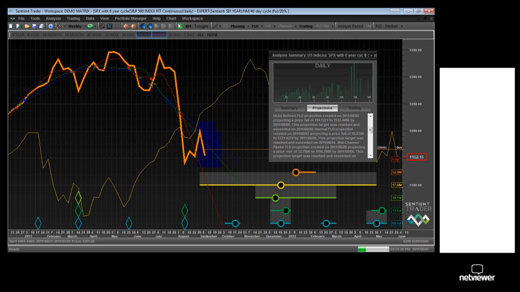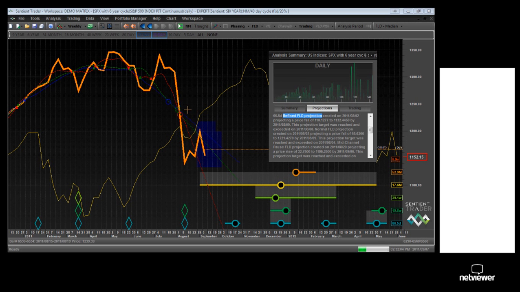You can see here that where the intersections of the 3 triad lines cluster together, refined projections, or projections using the triad, are generated. They're called triad lines, of course, because there are 3 of them. I call them refined FLD projections because, in effect, they are very similar to FLD projections.